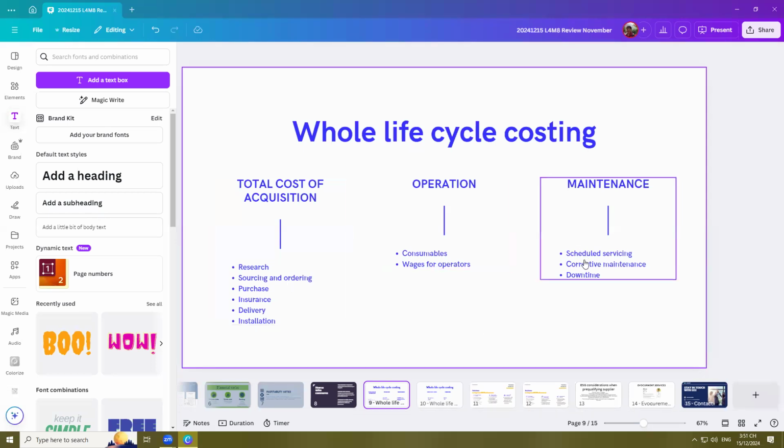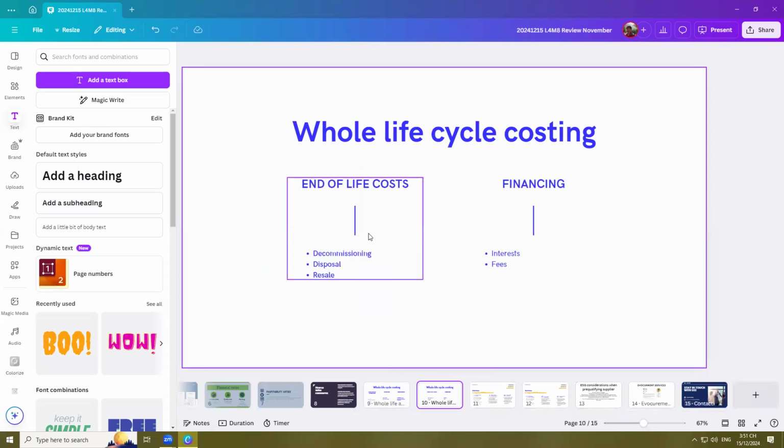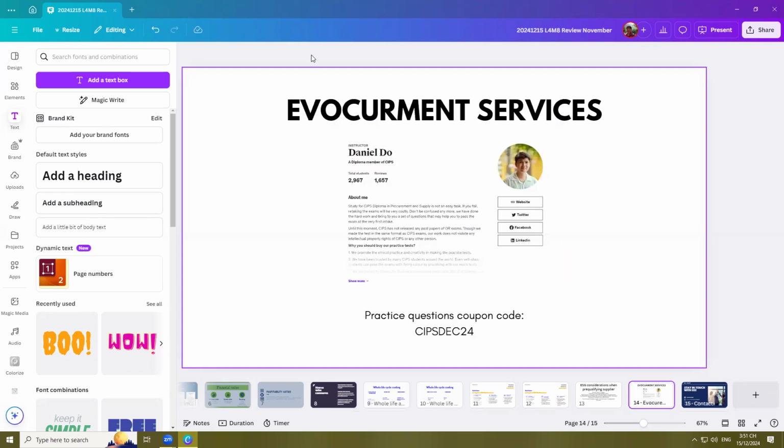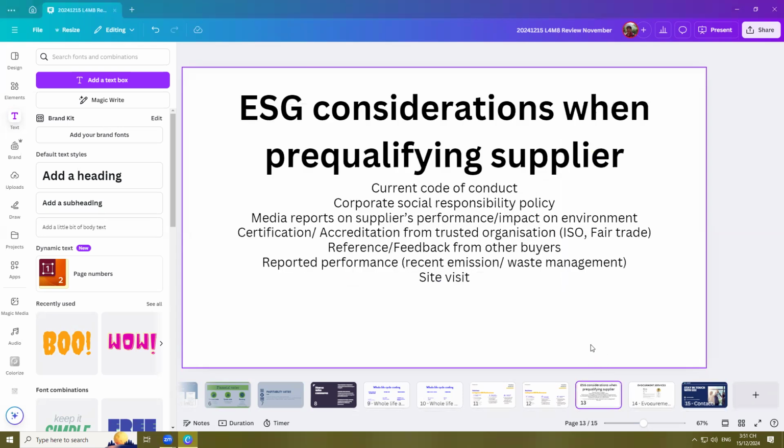And remember that we only consider the bullet points here. And with the end of life cost, we have decommissioning, disposal, or potentially some revenue from the resale of the parts or the assets. All right, so that's all for L4M8, especially for the question that came in November 2024.